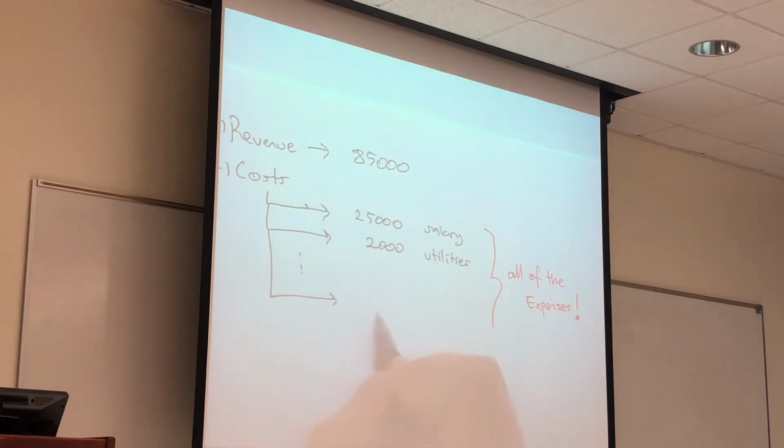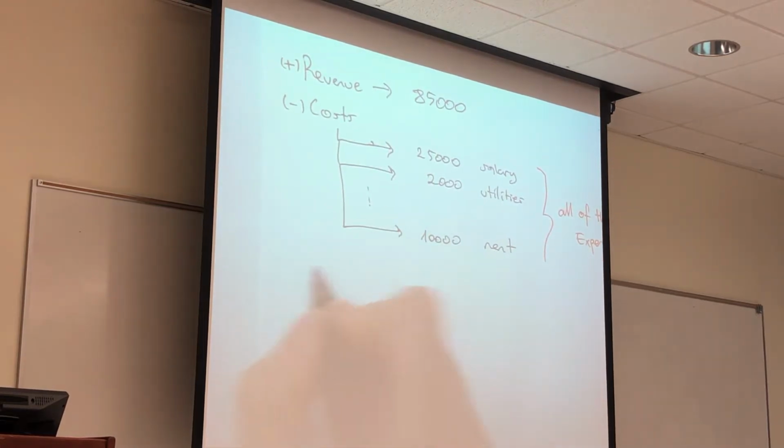Which ends with rent, which is $10,000. So this is part 1 of our income statement. We all know where revenue and all the other costs belong in the statements. They're not in the balance, they're not in the cash flow, they're in the income statement.